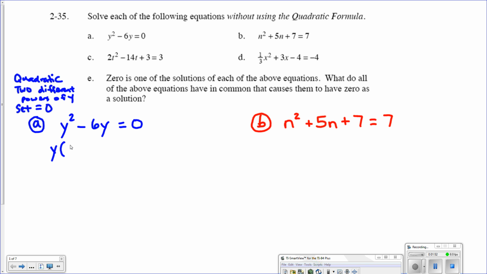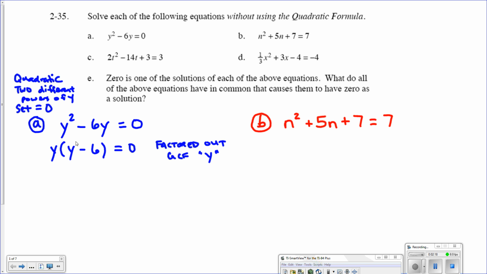When we factor out a y, we have y minus 6 left over equals 0. So we factored out a GCF, and that was our y. Now we have y times the quantity y minus 6 equals 0.